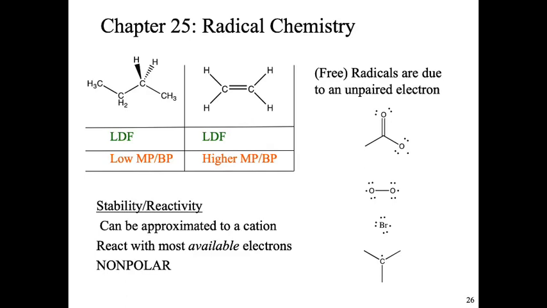Size. The bigger the atom holding the radical, the more stable it is. This is one of the reasons why oxygen radicals are dangerous. They're very small, so they're very reactive. Bromine radicals, much larger, less reactive.